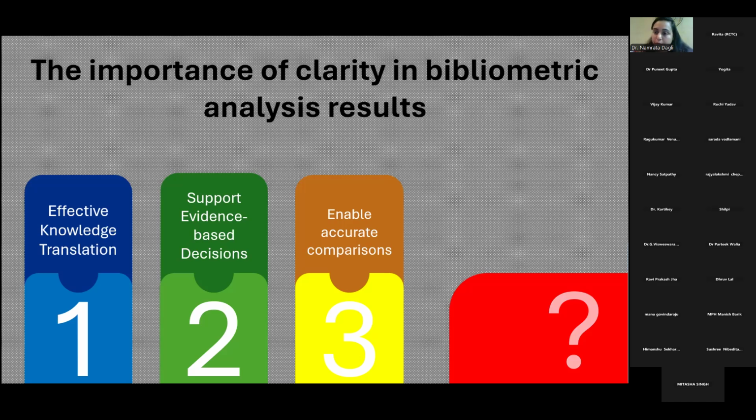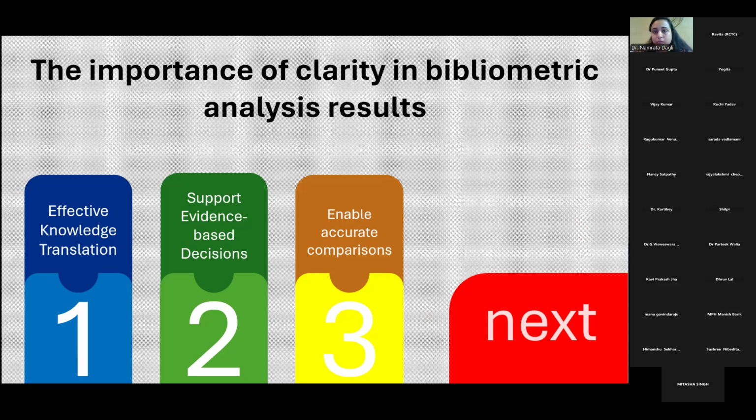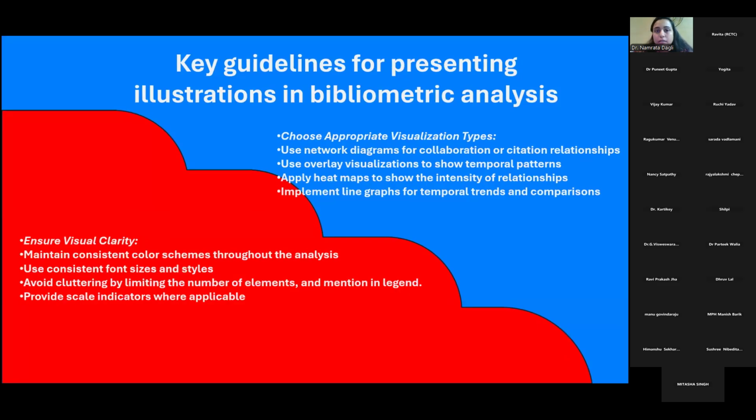The next topic is key guidelines for presenting illustrations in bibliometric analysis. First of all, you should make sure that the visualization type you are choosing is appropriate for your analysis.